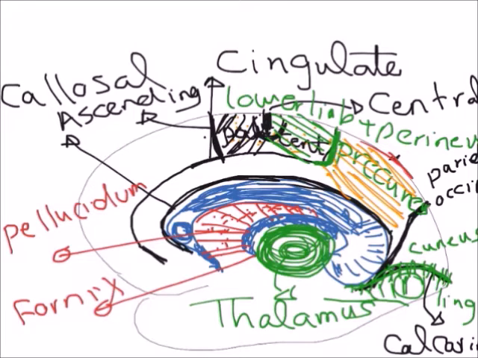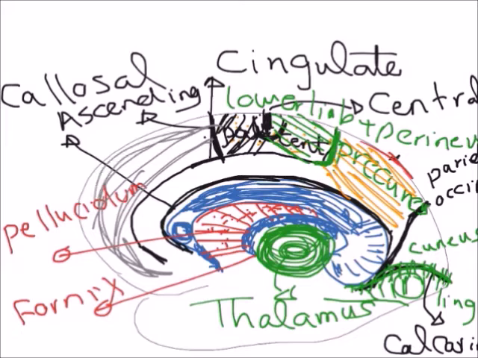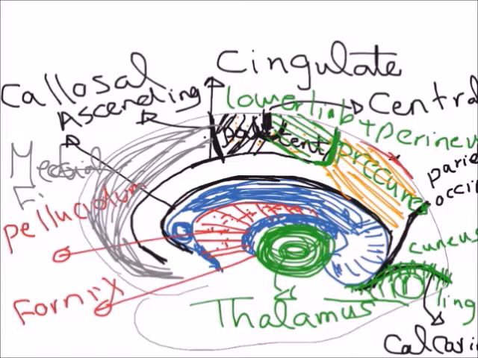In front of the paracentral lobule we have this gyrus here, which is the medial frontal gyrus. It's part of the association area. This is the medial frontal.